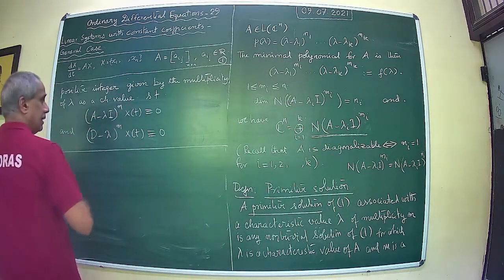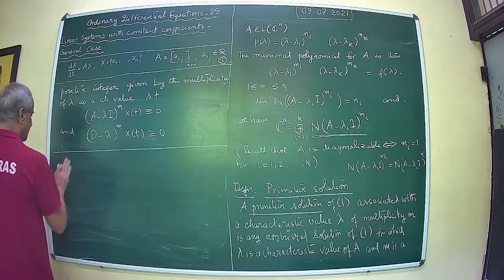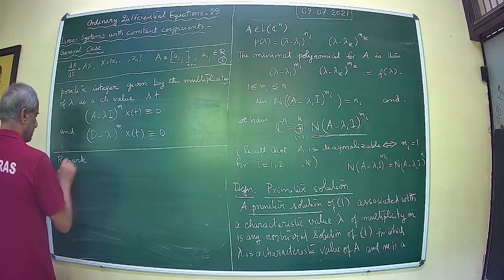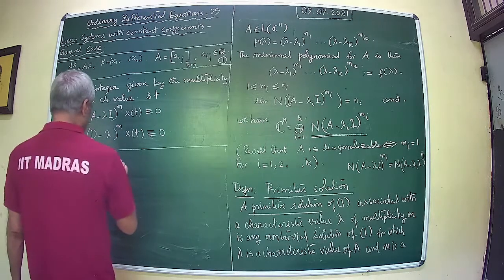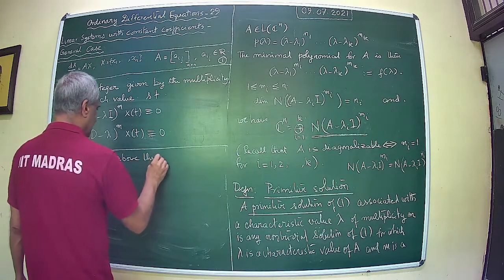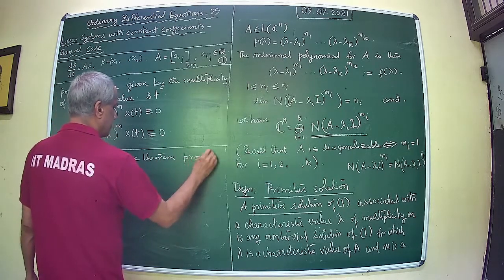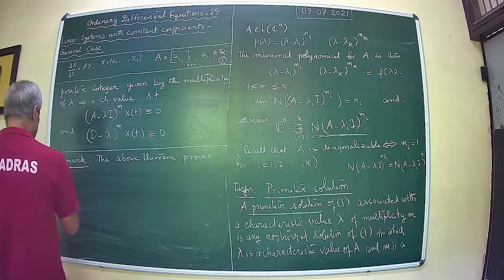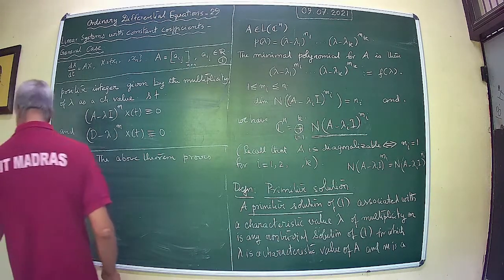So the theorem that we have proved from the previous theorem, just put the remark, proves that there exists a primitive solution.